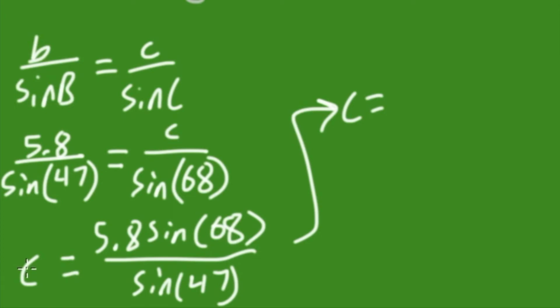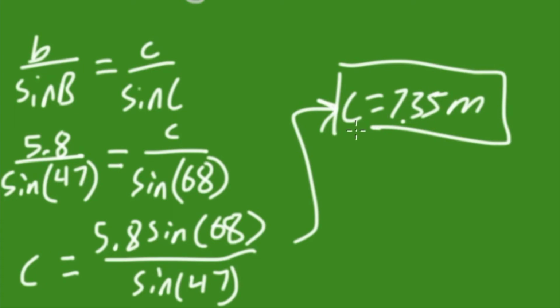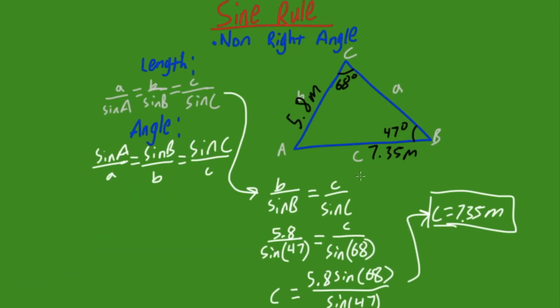If we do that, we will get 7.35 meters. Meaning this side length here, or c, is equal to 7.35 meters.